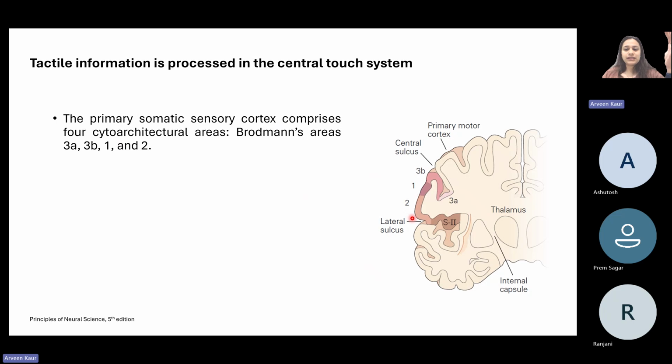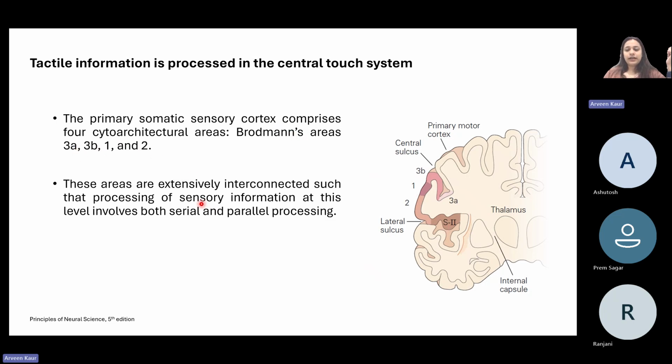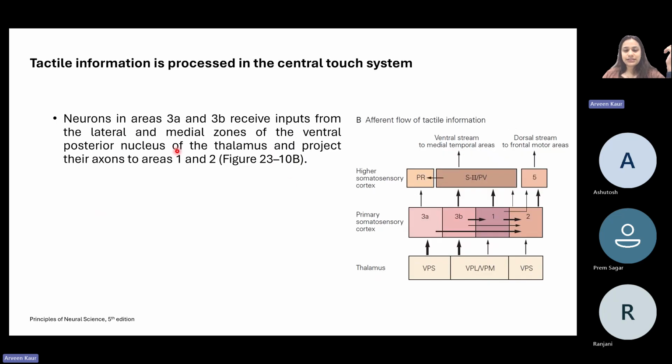Over here, you can see Brodmann's areas 3A, 3B, 1 and 2, right? These areas are extensively interconnected such that processing of sensory information at this level involves both serial as well as parallel processing. Neurons in the areas 3A and 3B receive inputs from the lateral and medial zones of the ventral posterior nucleus of the thalamus and project their axons to areas 1 and 2, right?